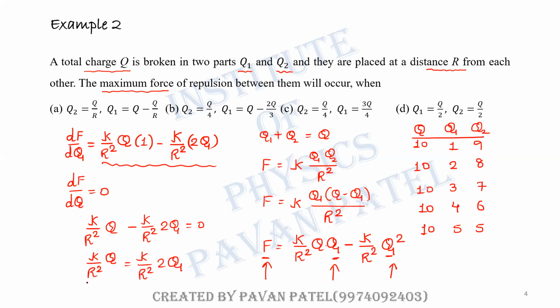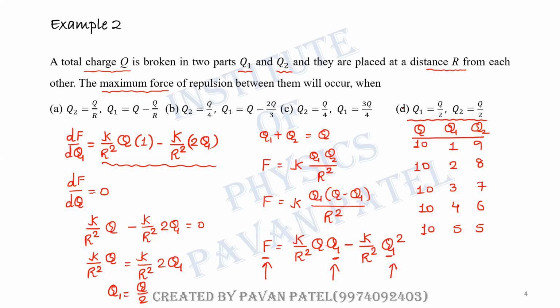K divided by R square cancels from both sides, and Q1 is equal to Q divided by 2. So the value of Q1 should be half of the total charge, and of course Q2 should be half of the total charge. Q1 and Q2 both should be Q by 2, Q by 2.